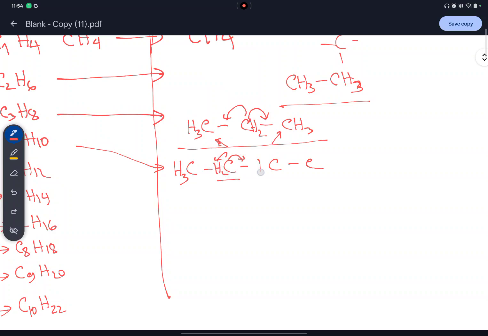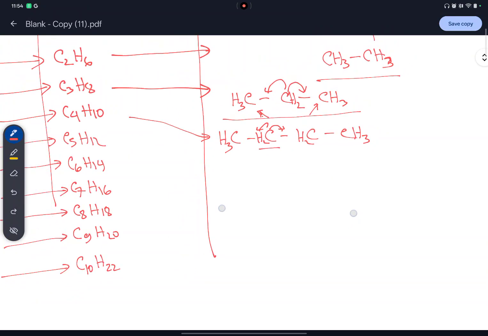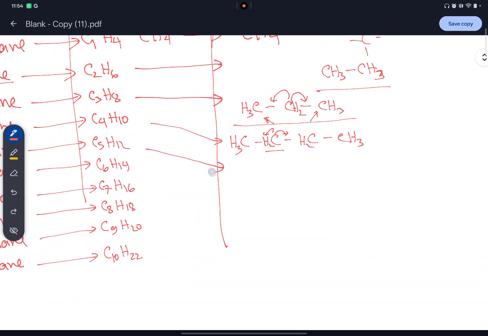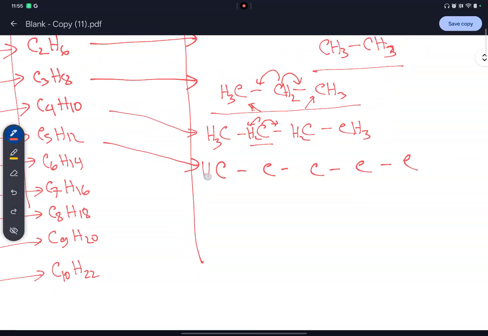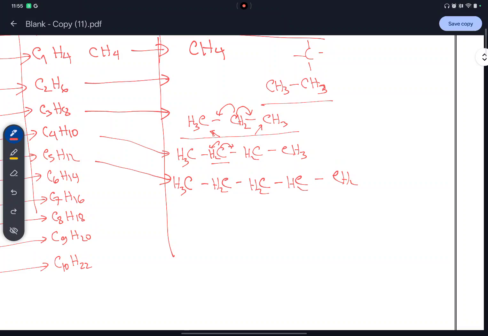CH2, CH2, and CH3. For C5H12, I think you can predict it. C, C, C, C, C, add them with a single bond. Give 3 hydrogens here, 2 hydrogens here, 2, 2, 2. Now we have the structural formula of pentane.